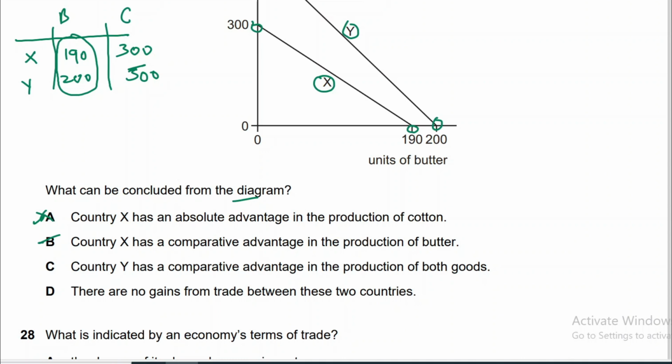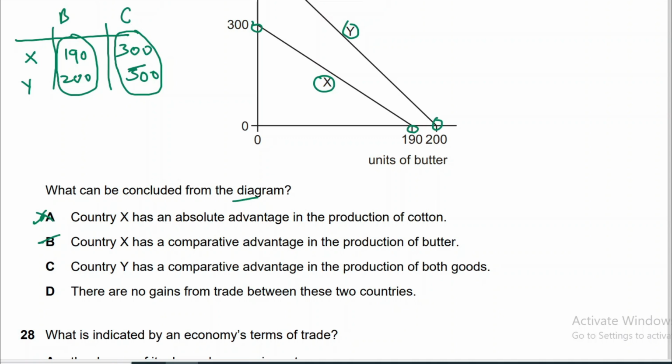It means it is not sacrificing that much, but if it produces cotton, there is a huge difference between the production of the two goods in the two countries. So X has no absolute advantage, but it has comparative advantage in butter, because its loss in making butter is relatively less than the loss when it produces cotton.